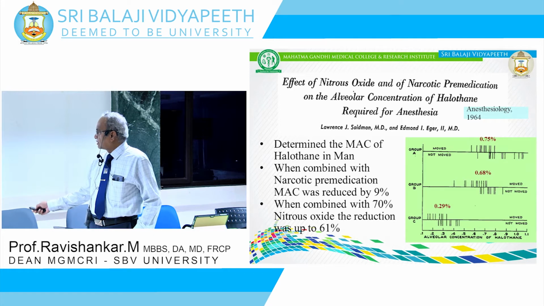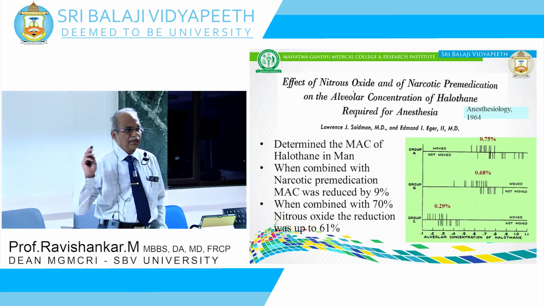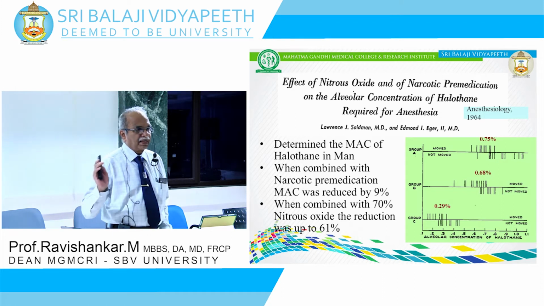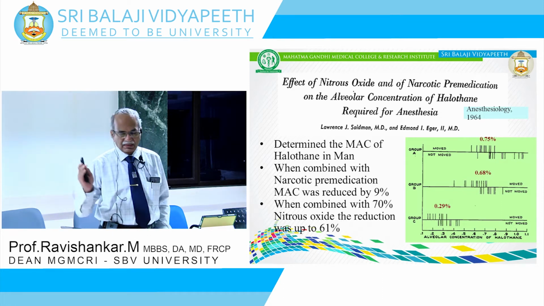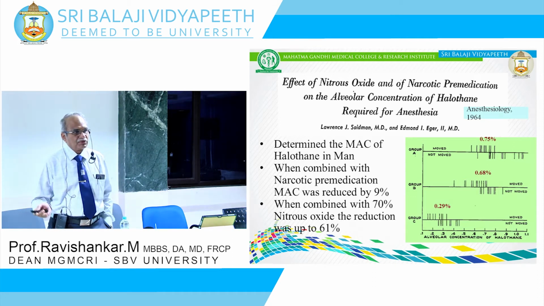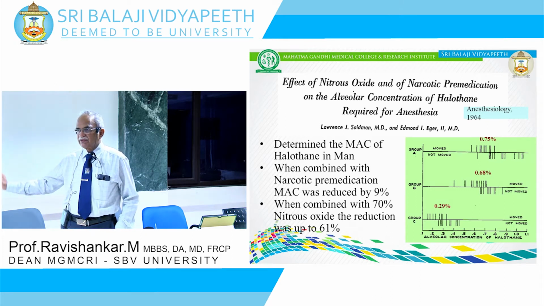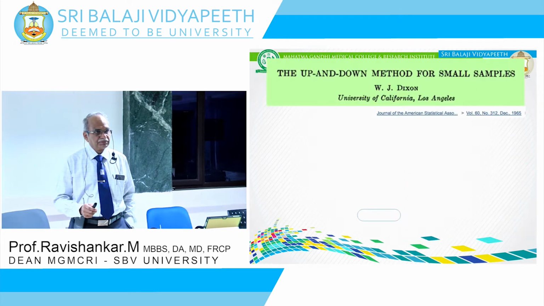That is the study that was done in 1964. So they defined that MAC reduces by about 10% when you add narcotics, and when you add nitrous oxide, there is almost a 50 to 60% reduction according to the percentage of nitrous oxide being used. Okay.